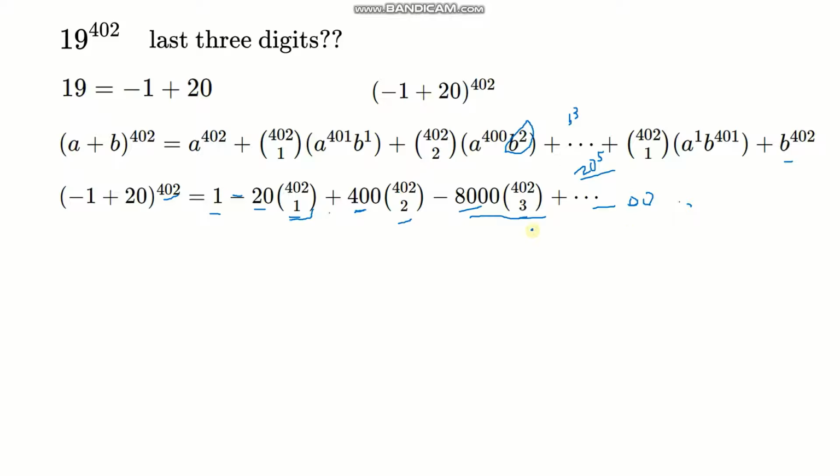By now, you may already know why we use the binomial expansion to find the last 3 digits of 19 raised to the power of 402.